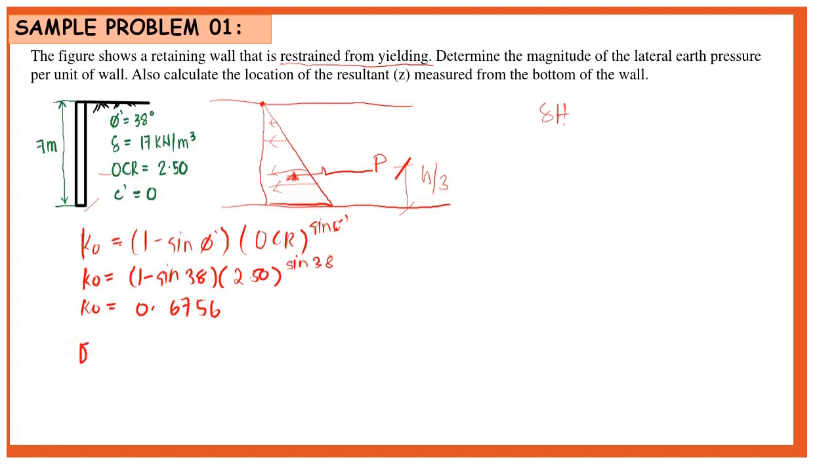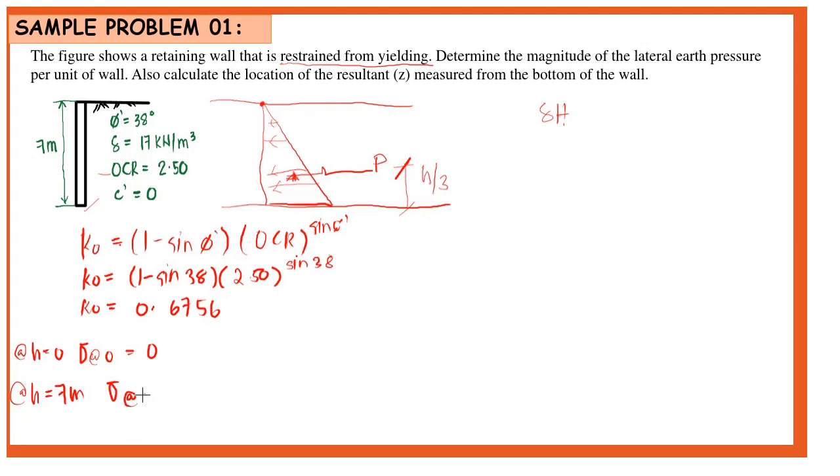Okay, so now let's solve for our pressure. That is pressure at H is equal to 0. Our pressure at 0 is equal to 0. So at H, this is our height, at H is 7 meter.